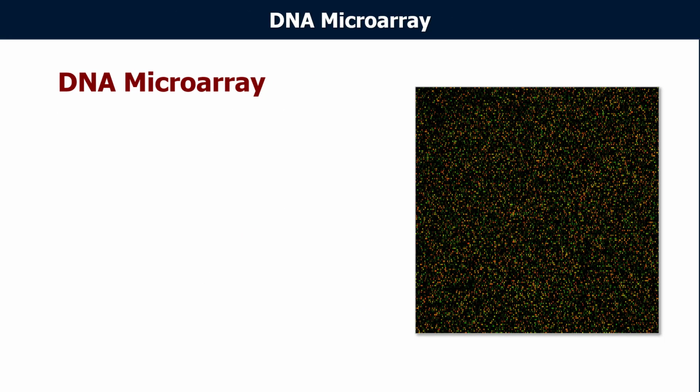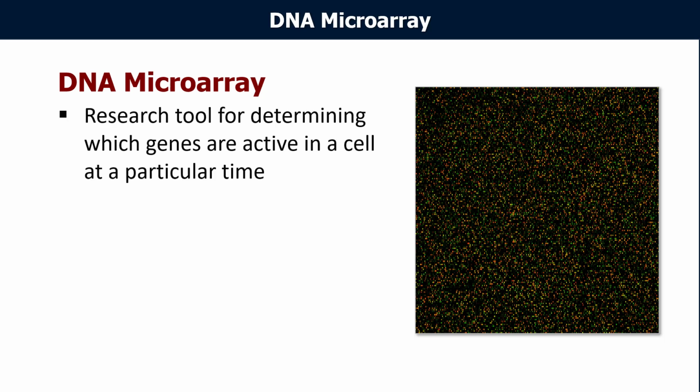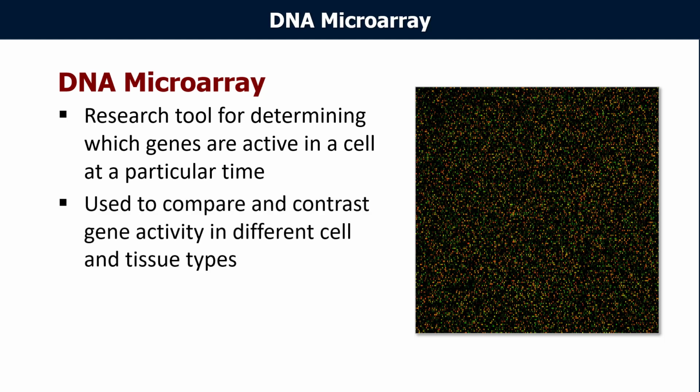Well, there's a research tool called a DNA microarray that allows us to study the sheet music that's going on in a cell. DNA microarrays are a research tool for determining which genes are active in a cell at a particular time. So in other words, we want to know which genes are on at a particular time. And these arrays are used to compare and contrast gene activity in different cell and tissue types.